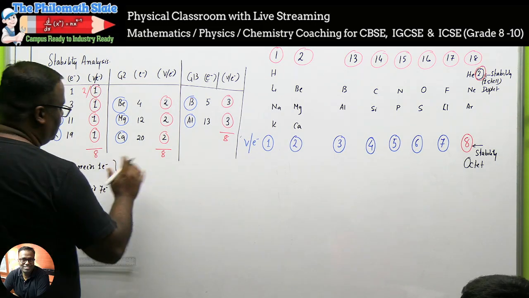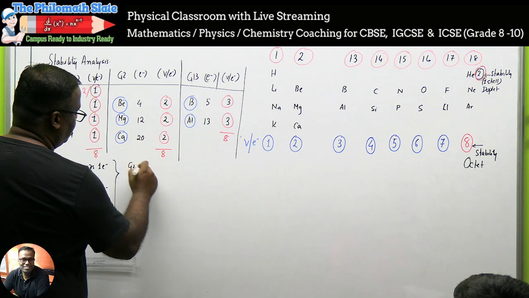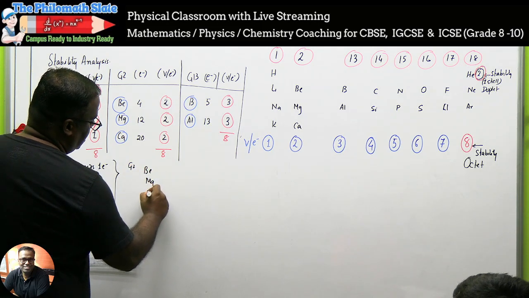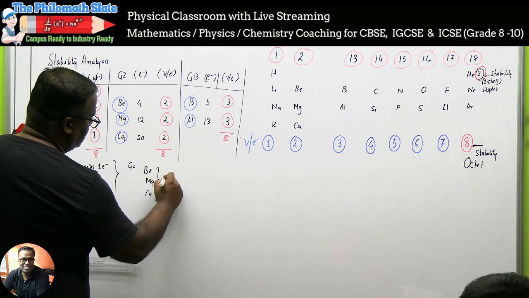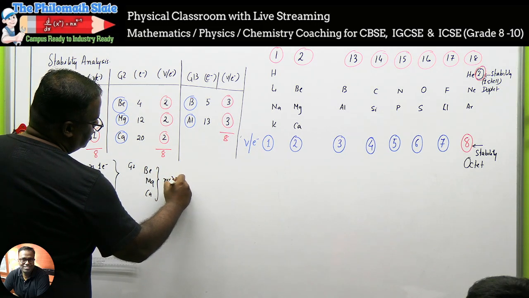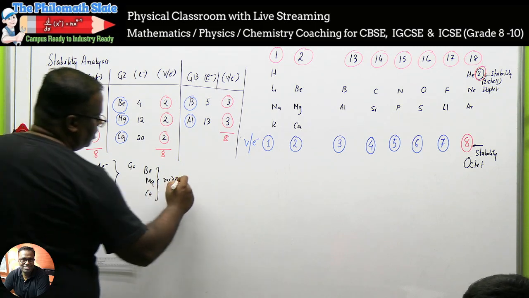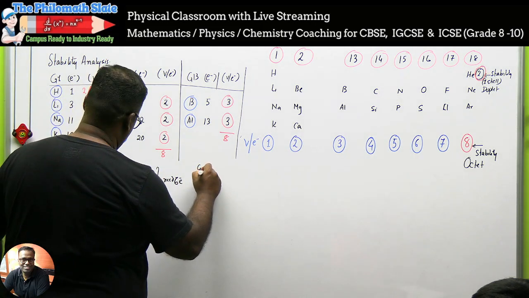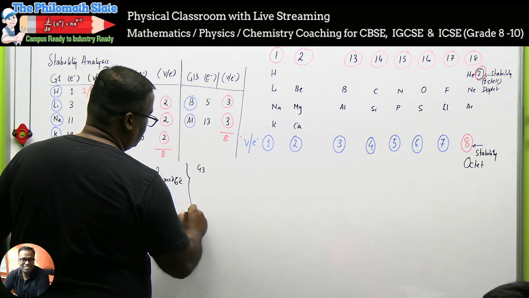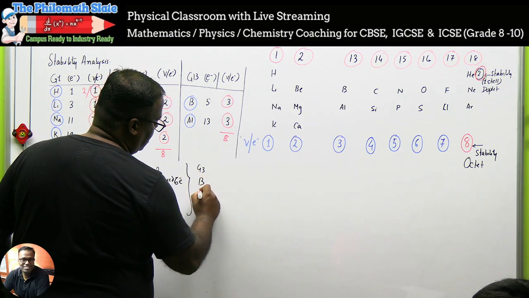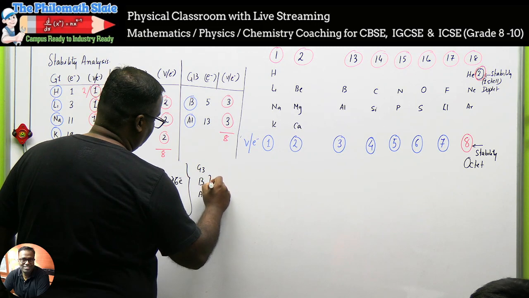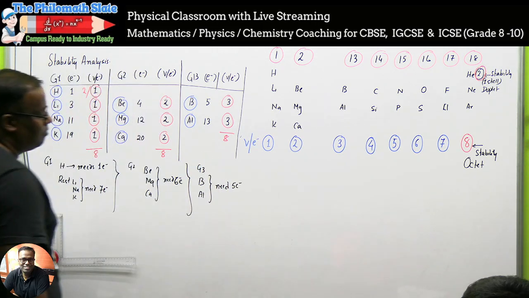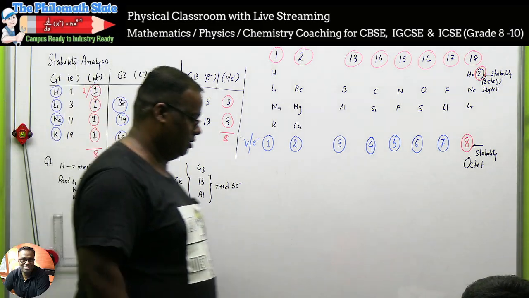So in group 2, beryllium, magnesium and calcium all need how many? 6 electrons. And in group 3, boron and aluminium, all of them need how many? 5 electrons.